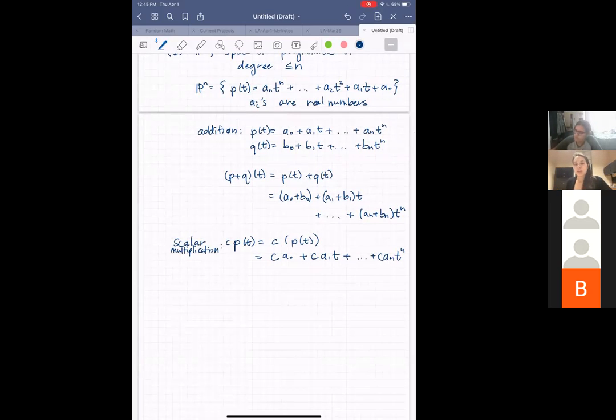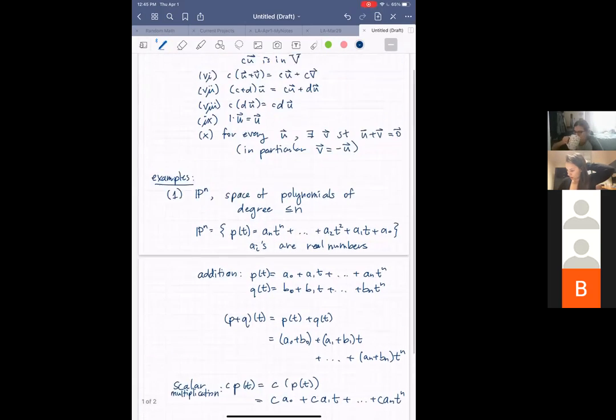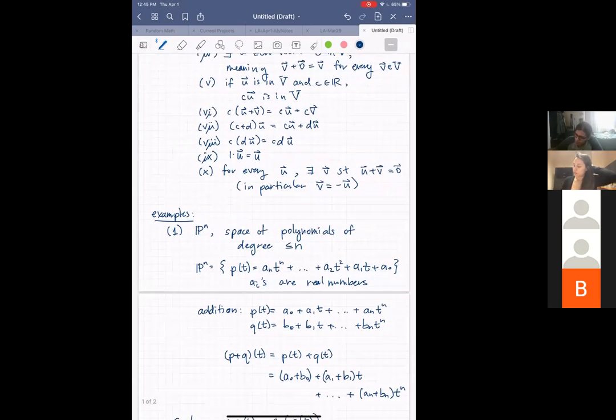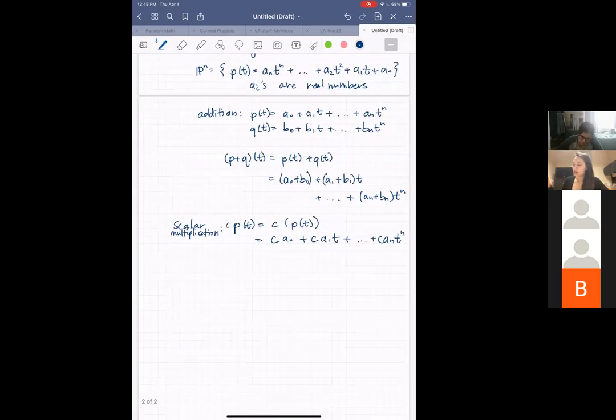We're not going to check any of the other properties, but like I said, it is pretty straightforward to check. Oh, there is one more thing.